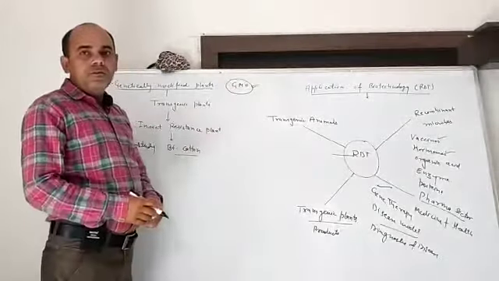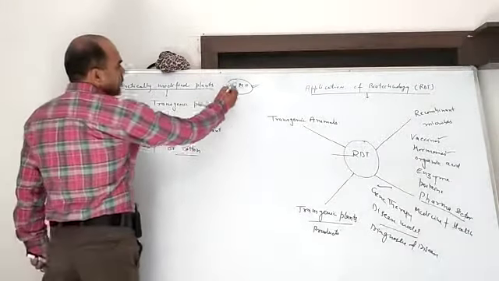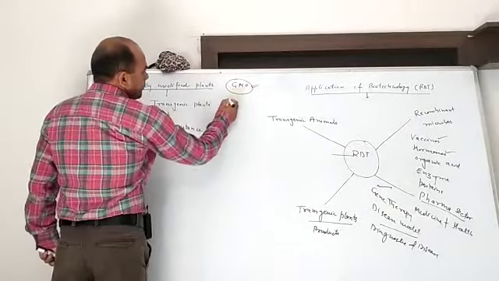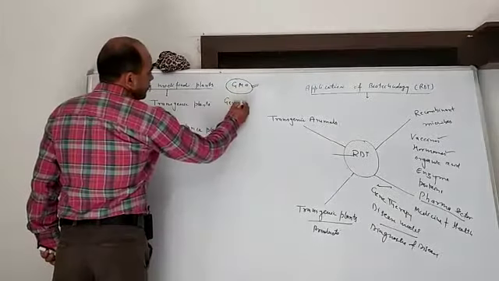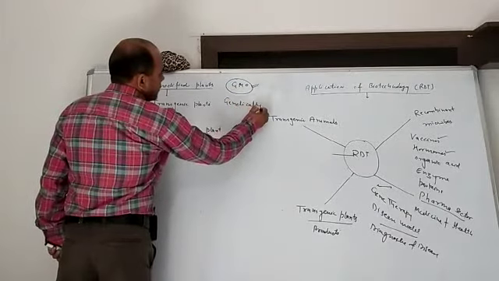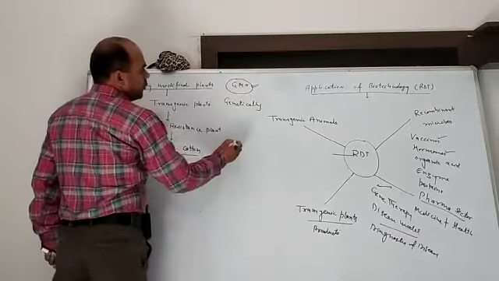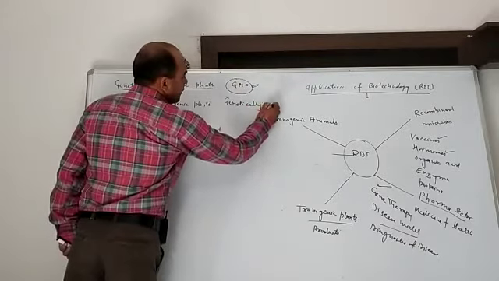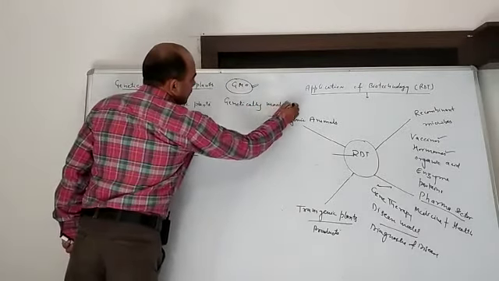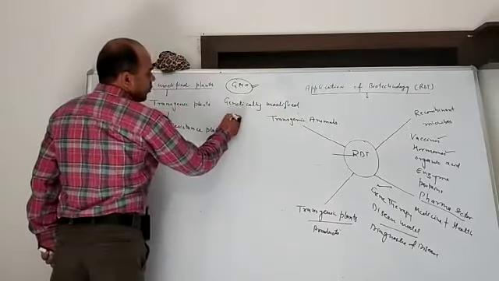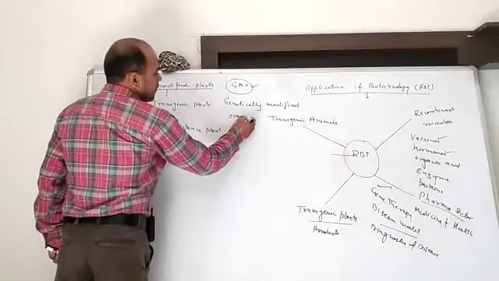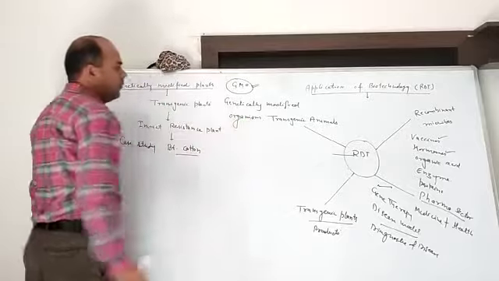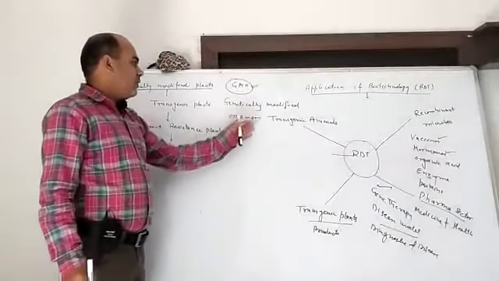Very simple, the full form is given. G stands for genetically, M stands for modified, O stands for organism. So very simple full form: genetically modified organism.